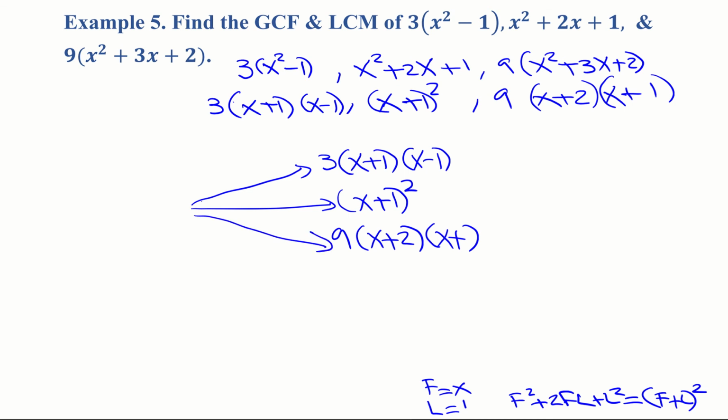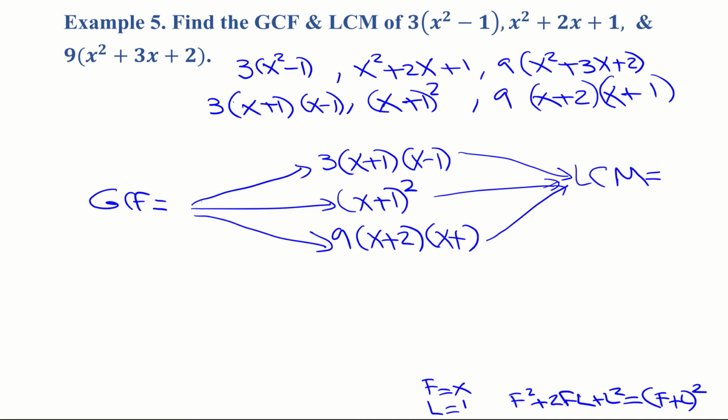So first we're going to find the GCF, which is of course the greatest expression that will go into all of them. And then we'll also find the LCM, which is the smallest or the simplest expression that they will all go into.